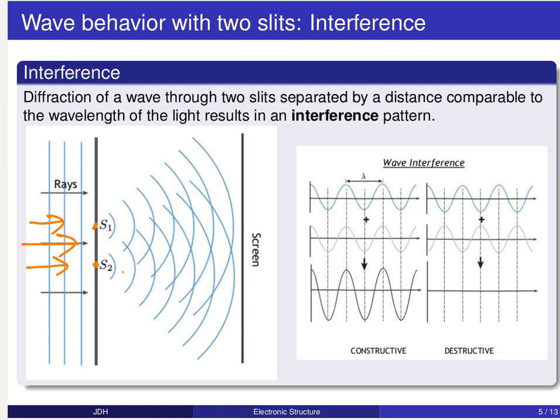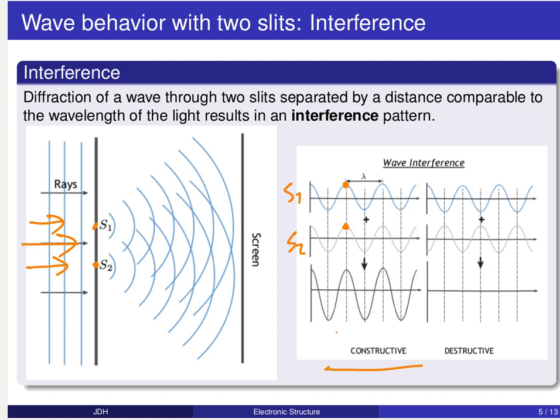These waves could interact in a way such that when this S1 wave is at its high point, it's going to overlap with the high point of this S2 wave. If that happens, we're going to have a situation illustrated right here on the left-hand side. The high point of the S1 is lining up with the high point of the S2 wave, and the result is that both of these waves are effectively going to add together.